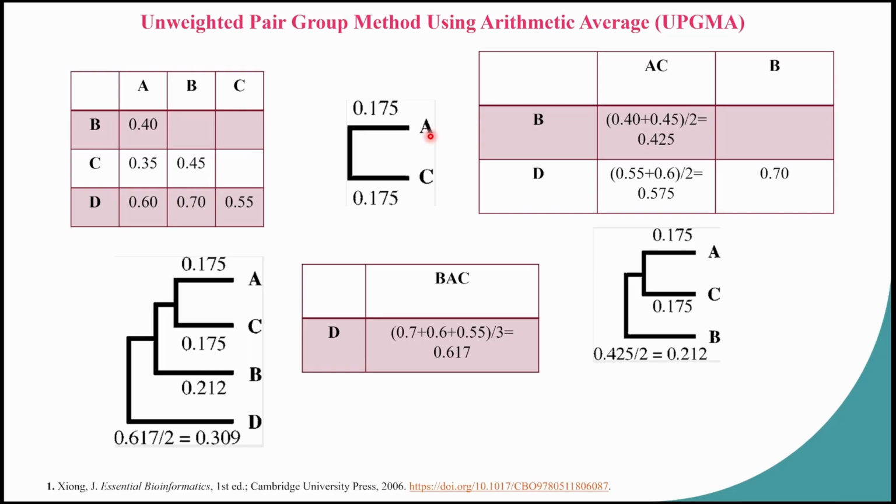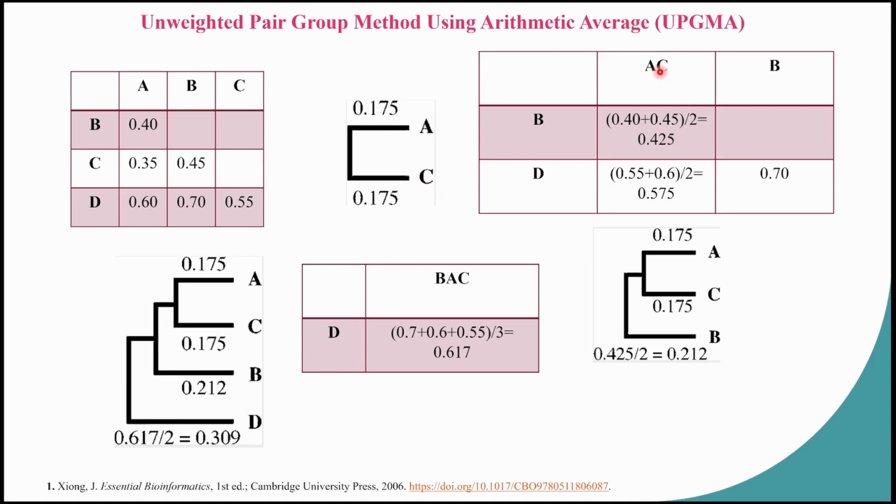So what we will do is place a node at the midpoint of A and C, and we will just consider, okay, A, C. Now I consider them together as a single composite taxon, and the distance from the node to the midpoint, you can also calculate just by dividing by 2. So 0.35 by 2 is 0.175. So that's done. And now you do the calculation of this matrix again, where you have AC as a single composite taxon.